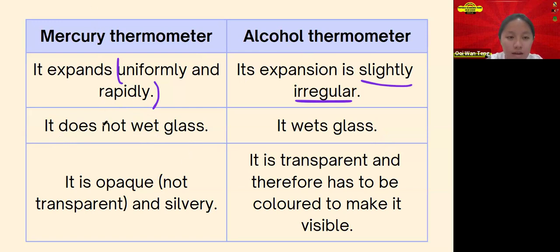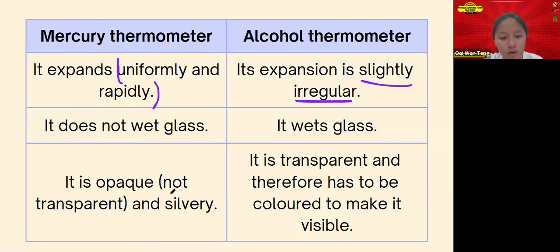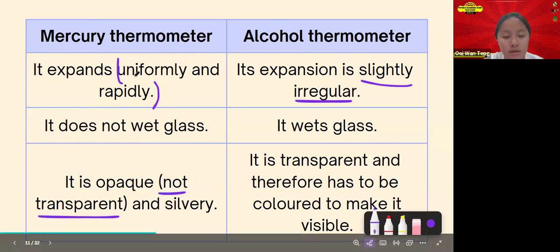Yeah. And lastly, mercury thermometer is opaque. What is the meaning of opaque? Opaque means not transparent. As you know that mercury is silver, so it is opaque, and therefore we can observe easily and see the results clearly.